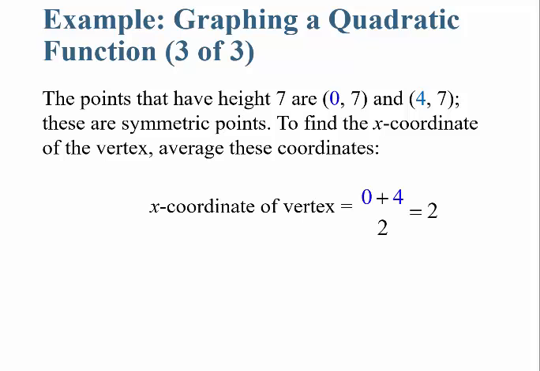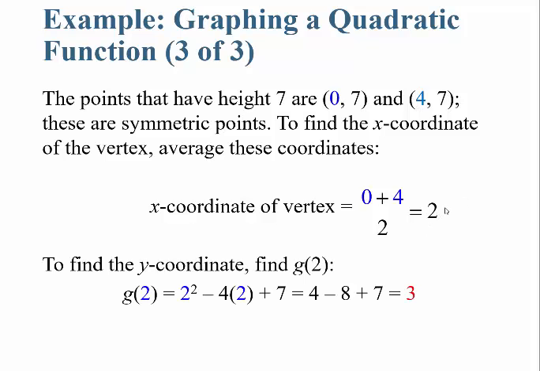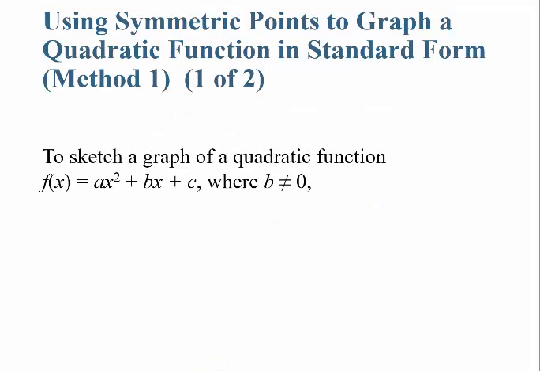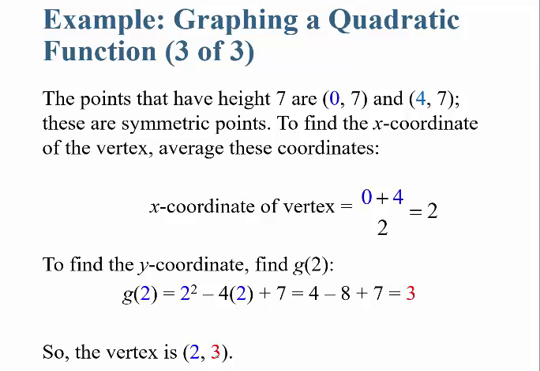To find the x-coordinate of the vertex, we take the average of the x values. So 0 plus 4 divided by 2 gets you 2. To find the y value of the vertex, take 2 and plug it in, and g(2) ends up being equal to 3. So there's the vertex, (2, 3). To sketch this, you would plot the vertex at (2, 3), the y-intercept, and the symmetric point, and then draw the graph right through them.